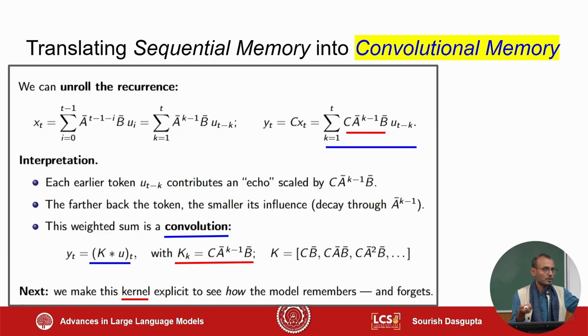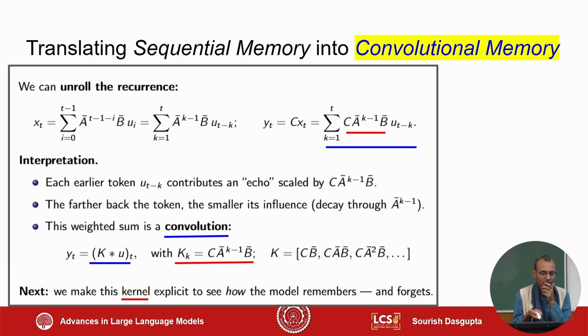So John's kernel gets multiplied with John's embedding, plus Loves' kernel gets multiplied with Loves' embedding, plus Mary's kernel gets multiplied with Mary's embedding, and you sum that up, and then you multiply that entire thing with C. So this is what we call the convolution, and in order to write it neatly, we use the kernel K.